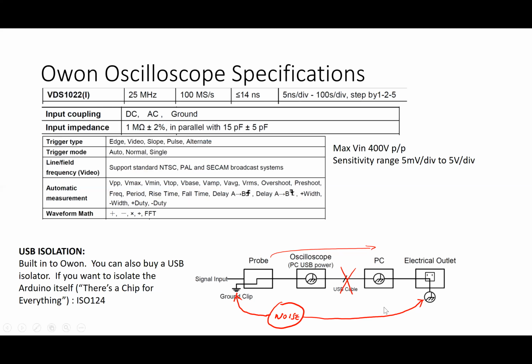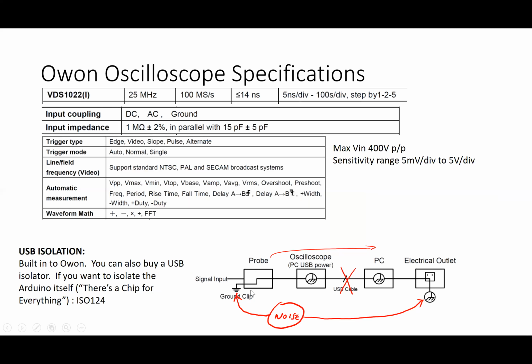And so if there's transient noise, which changes the potential of the ground here with respect to the ground here, you will drive currents through your Owon oscilloscope and into your PC. Even worse, if there is a fixed voltage here with respect to the ground here, you will drive current all the time into your PC. And I can assure you that not only will that hang up your PC COM port, but could actually wreck your PC. So having this isolator in here is a great way to reduce both noise and to protect your PC, worth every penny of the extra $20.